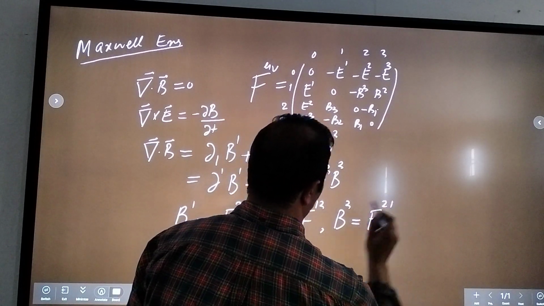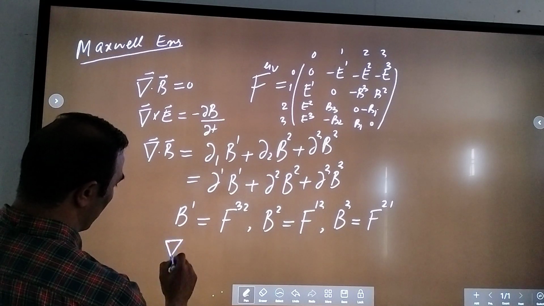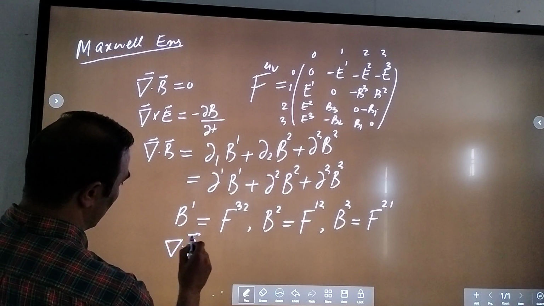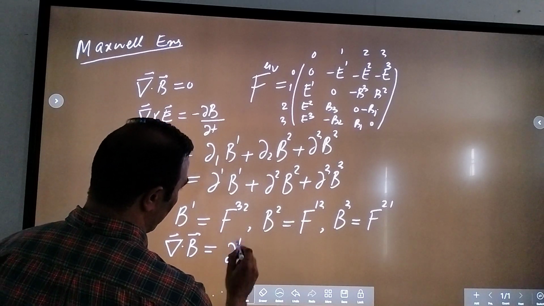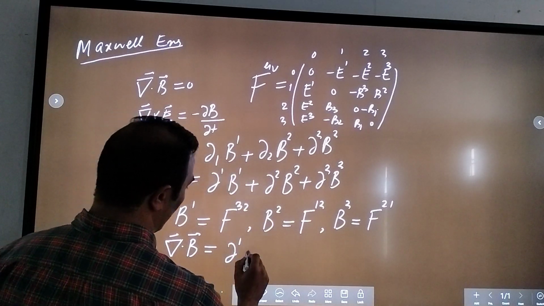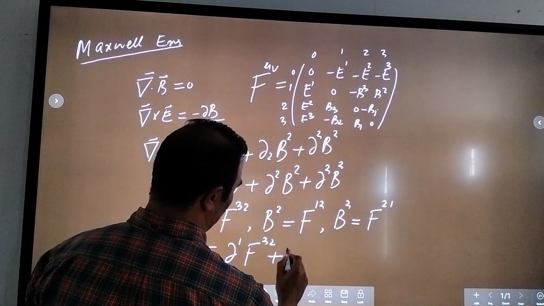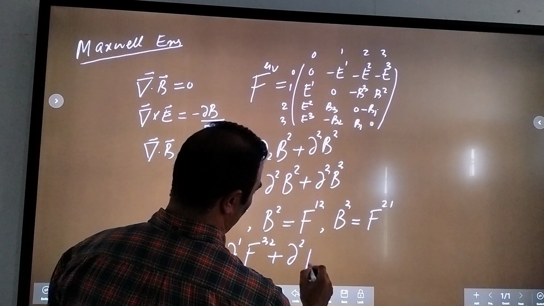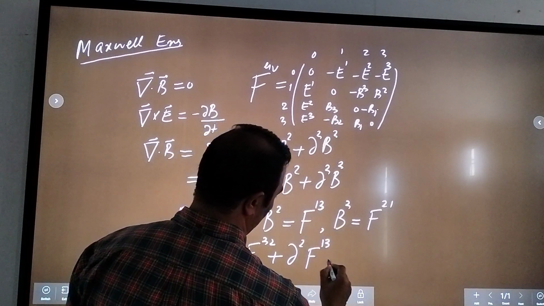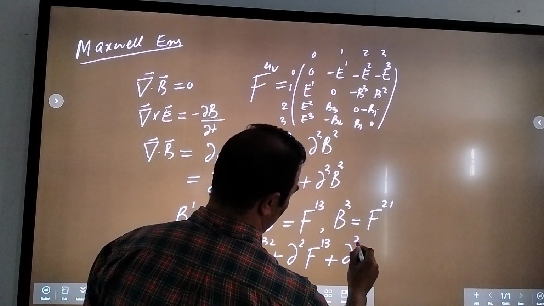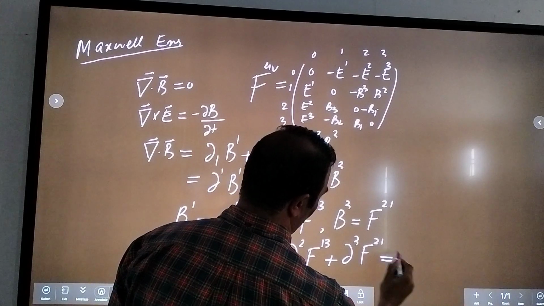Yeah. Okay. So instead of this term, I can write nabla dot b will be equal to, partial one instead of b1, F32 plus, and that is equal to 0, right?